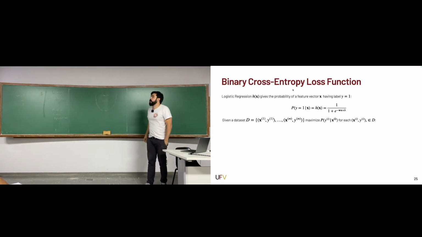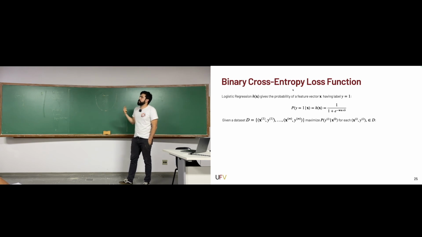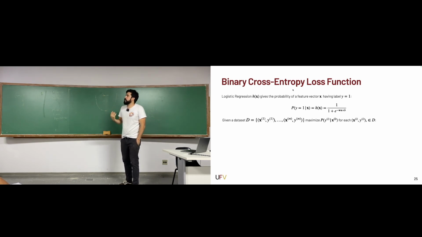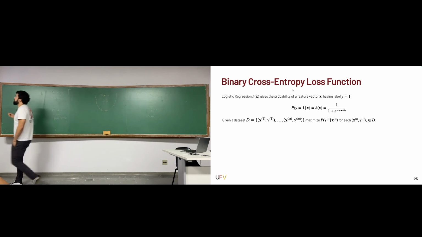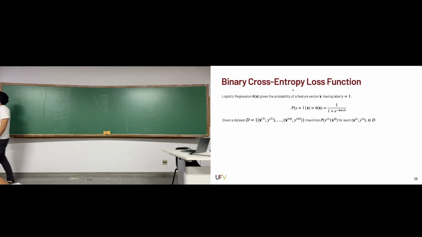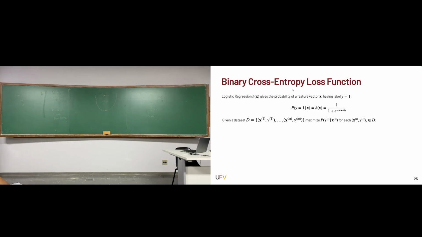So for the loss function, what we need is a metric that takes the data set D, and what we want is to maximize the probability of y i being equal to its label given x i. What do I mean by that?